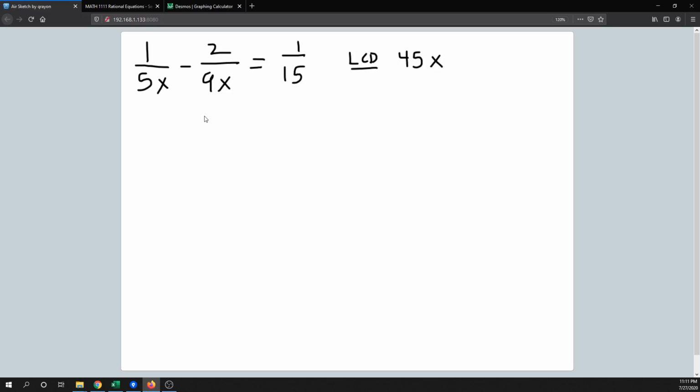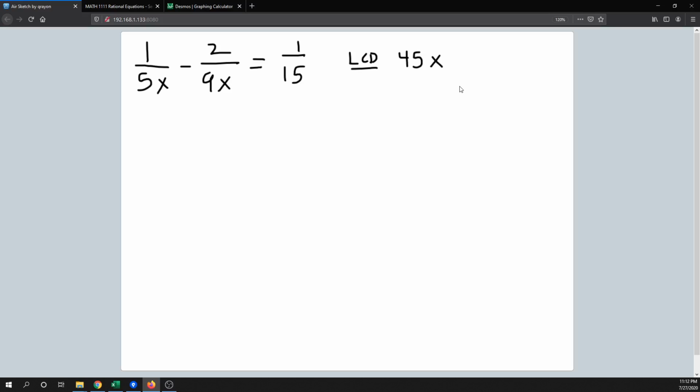All you need is the number of x's equal to the most times that x appears in any one denominator. For instance, here there's 1 x, in this denominator there's 1 x, and in this denominator there's 0 x's. The biggest number among 1, 1, and 0 is 1, and therefore the LCD needs to have 1 x in there. So the LCD is 45x.